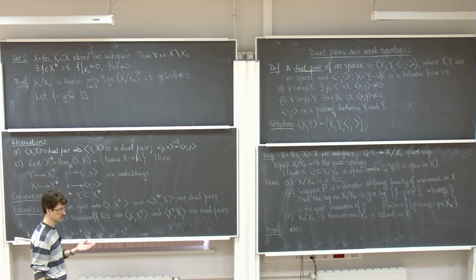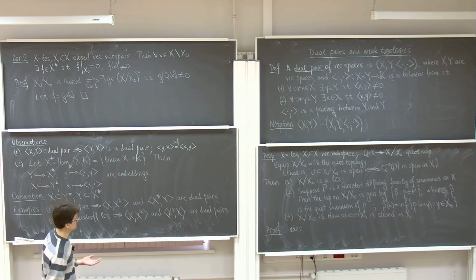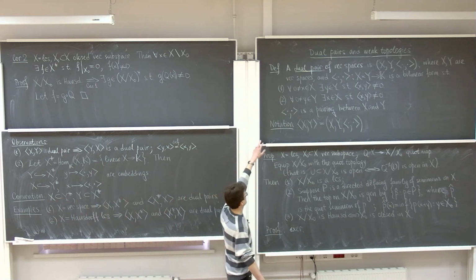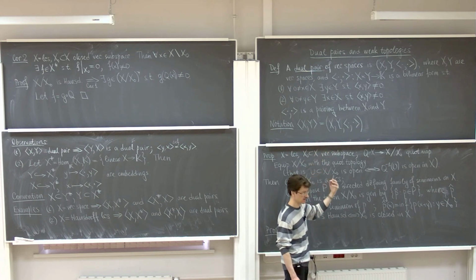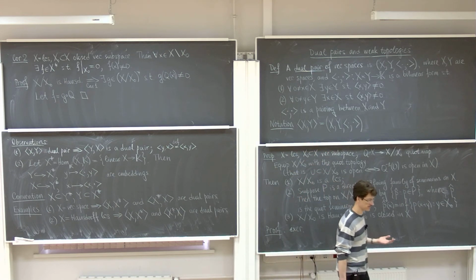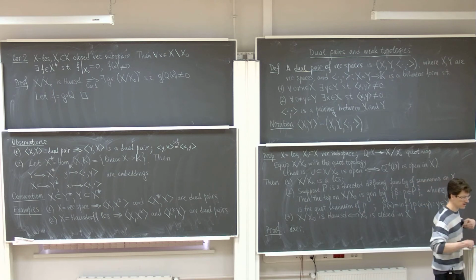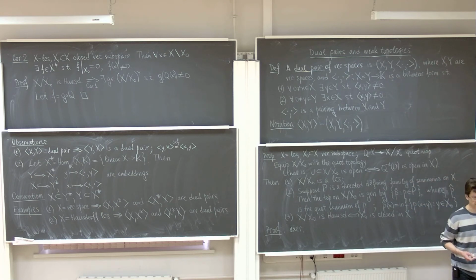By the way, why is it so? Well, one condition is trivial. If we have a non-zero linear functional f on x, then of course there is an element x such that f of x is non-zero. But the second property is not obvious, but it follows from our earlier results.